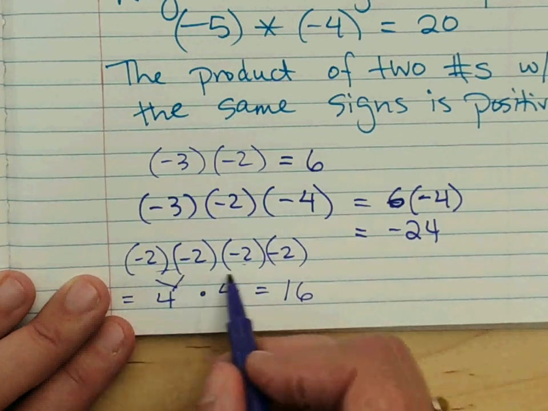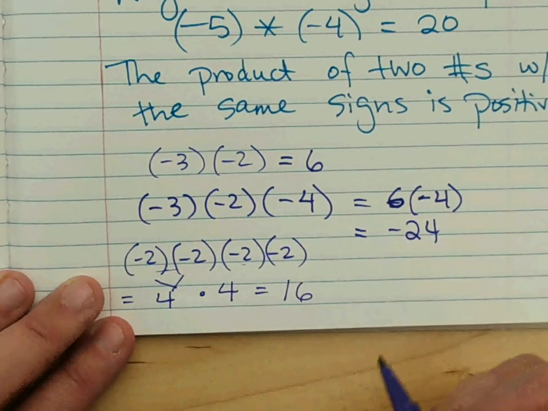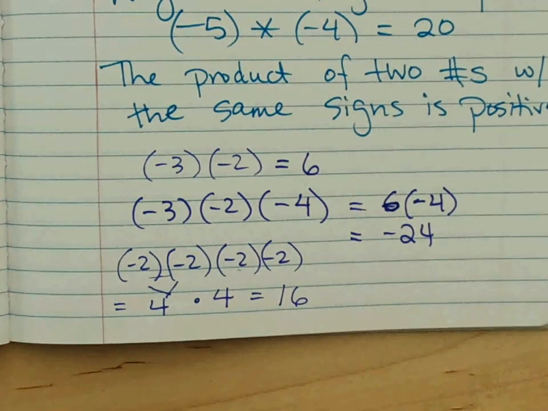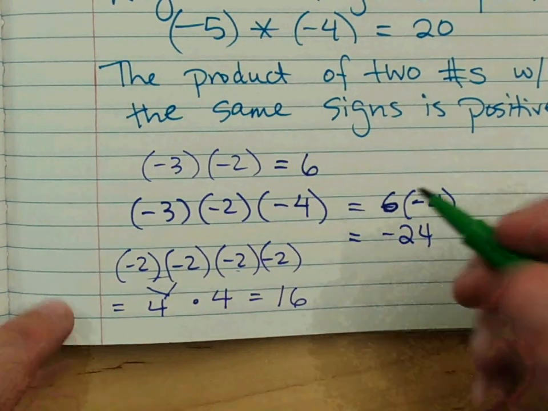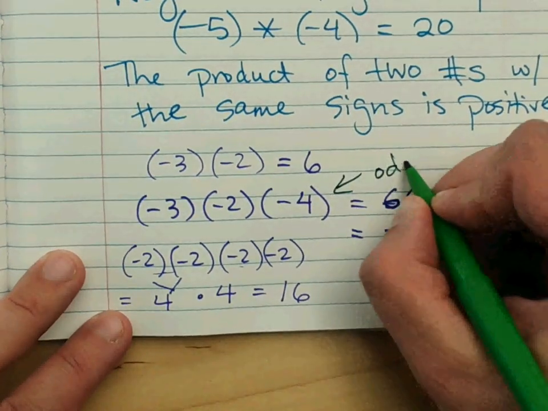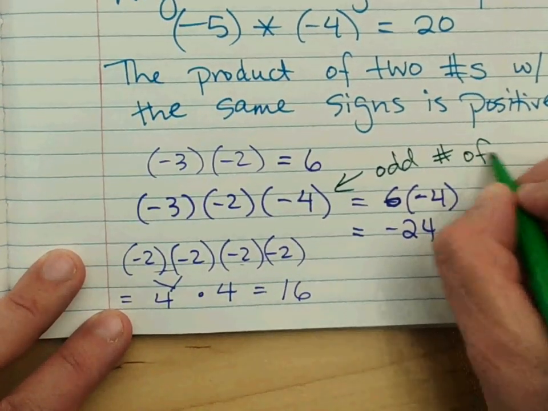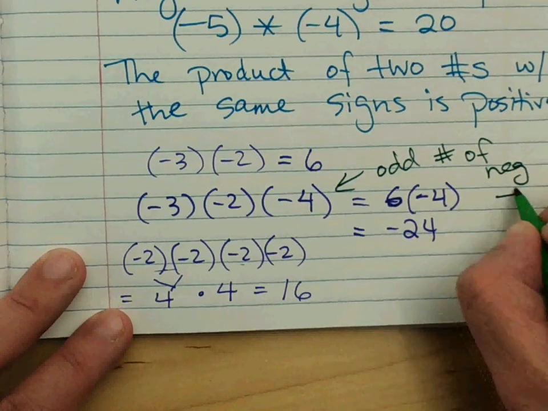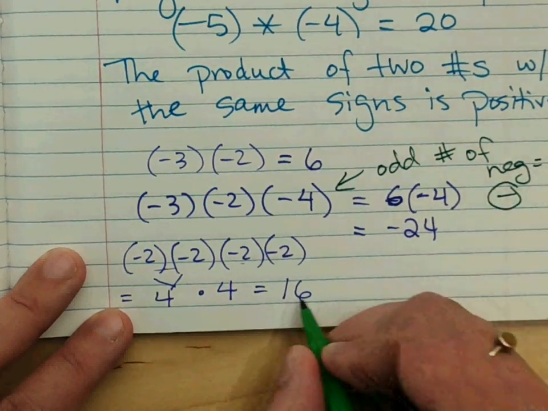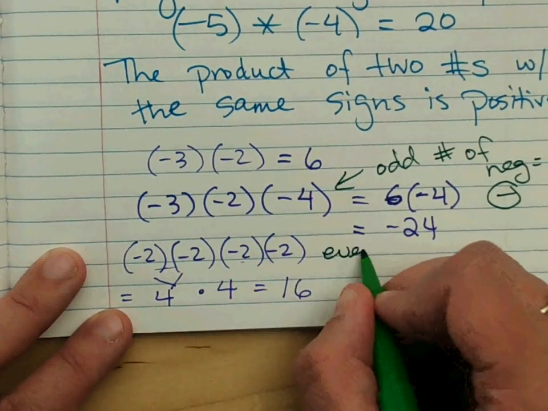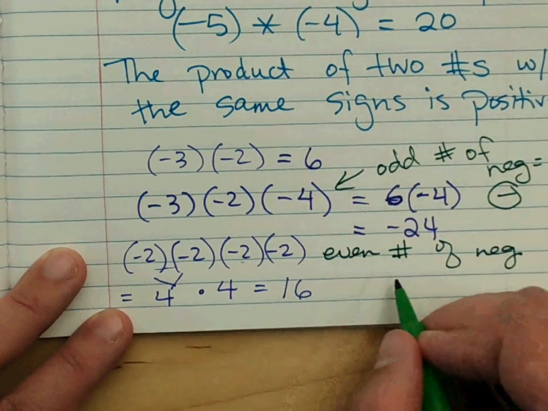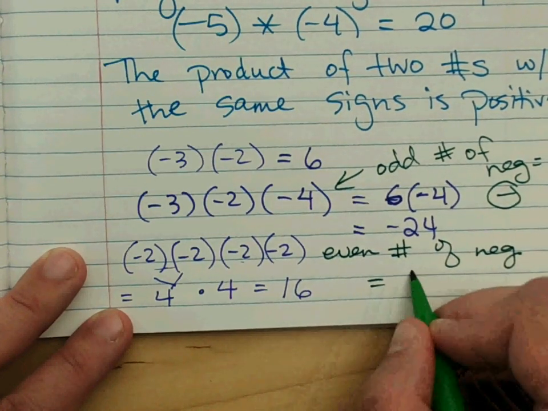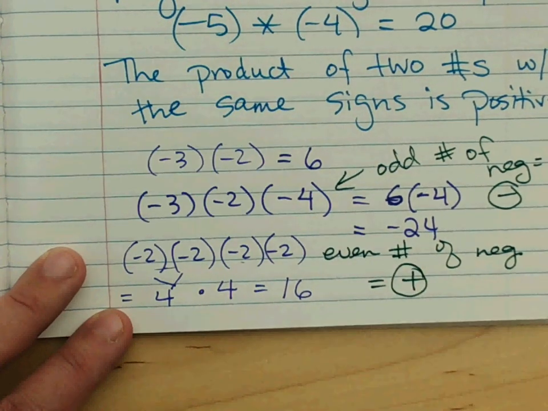So if we have an even number of negatives, we'll have a positive. So here we had an odd number of negatives. Odd number of negatives gives us a negative. Here we had an even number of negatives, and that's going to equal a positive. Okay?